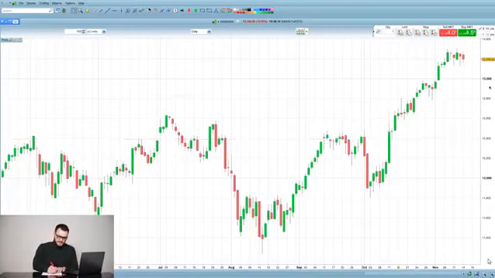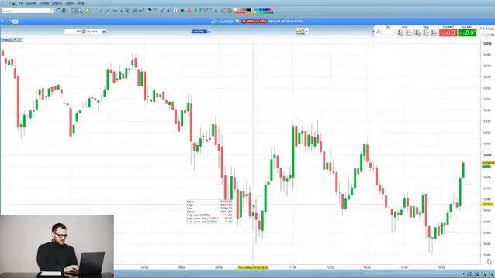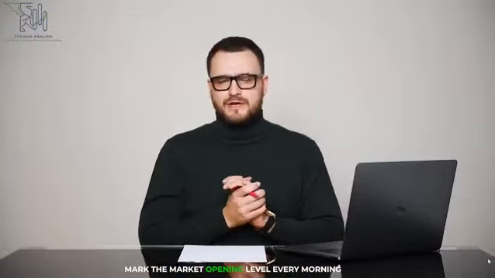So now we understand that the DAX indices are at 117.7 points of ATR. If we go to the 5-minute chart, let's say if we are trading with 5 minutes, then the ATR is going to be calculated as follows. We need to mark the level of the market opening. This is a very important level that you must be very aware of.